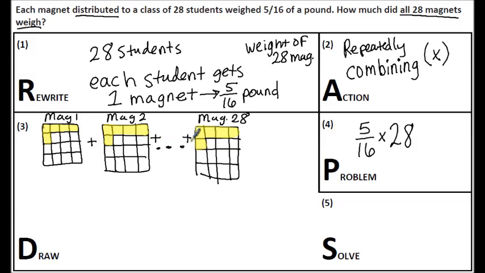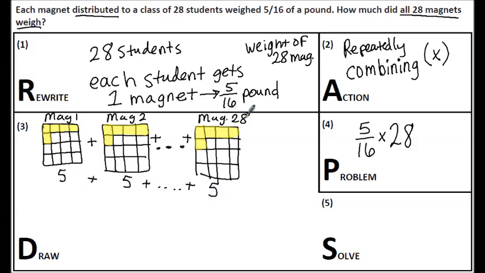And we're adding all of those up together because I'm combining, but I'm repeatedly combining, so the faster way to do this would be multiplication. So I'm adding 5 of those 16ths every single time.